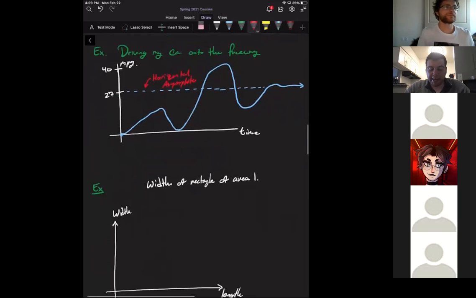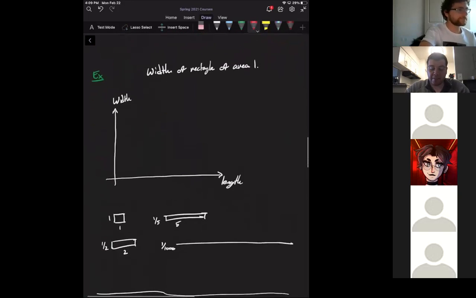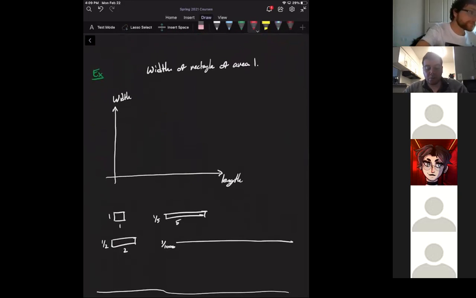So now I thought we could look at an example with the width of a rectangle of area 1. This is where a vertical asymptote can come up. We could put a story behind this. You're designing some sort of farm. The government gave you a square mile of land, and you get to decide how that land looks.